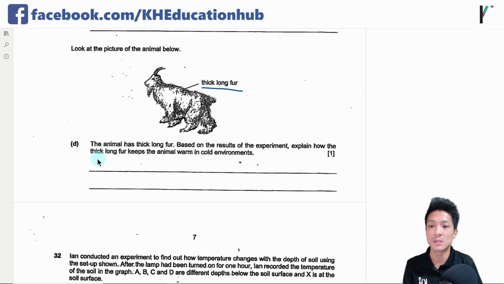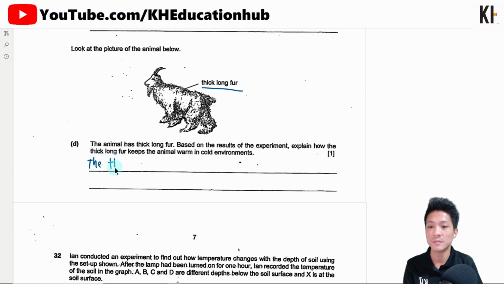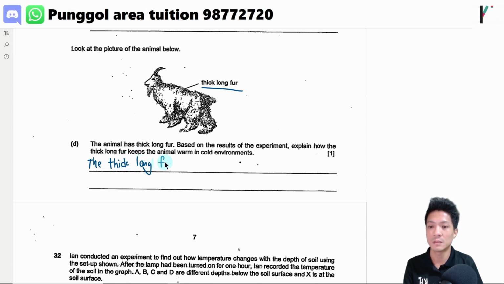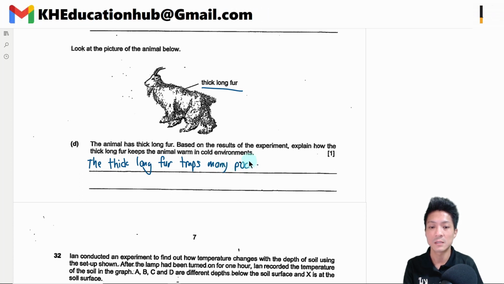Okay, so in this case, we gotta say that the thick long fur traps many pockets of air.